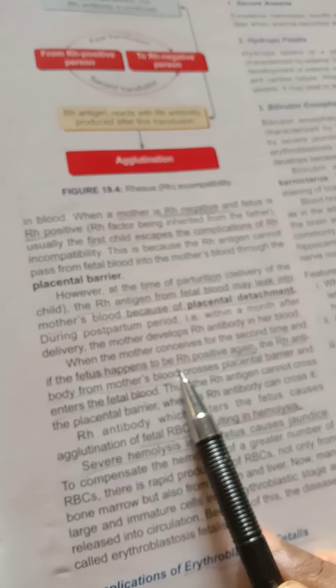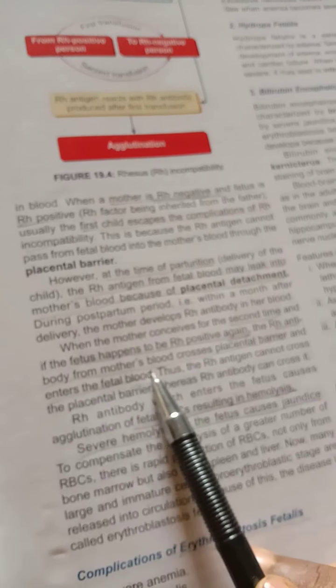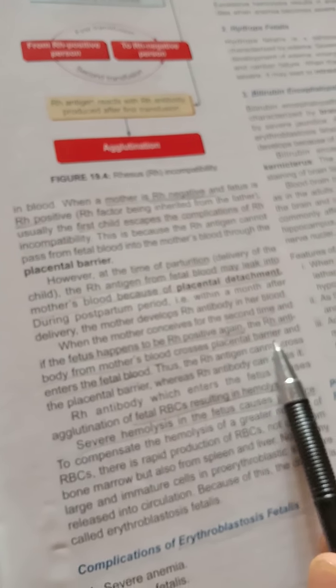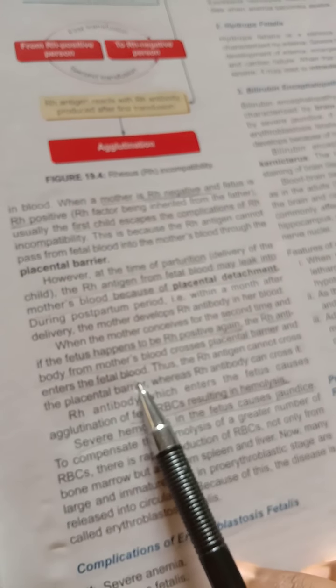mother's blood. So for the second time, when the second baby, if the fetus happens to be Rh positive again, Rh antibodies from the mother's blood cross the placental barrier and enter the fetal blood.